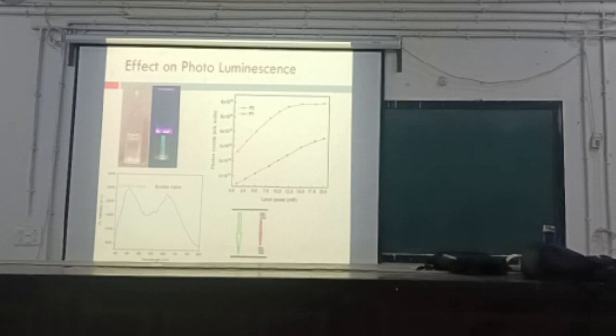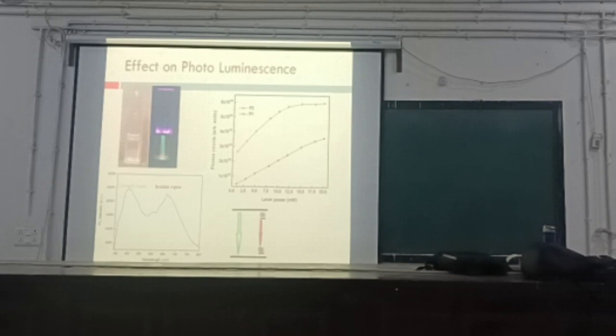But if it is coming from band to band transition, it happens the other way. If you shine with more photons, more will come out. It will be linear. But the result is just opposite in the case of nanoscale. Look, this green light is coming from band to band, and this red light is coming from surface states.